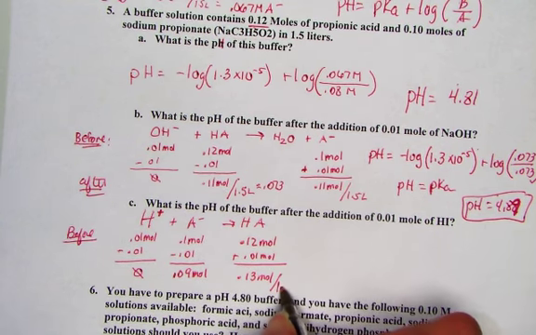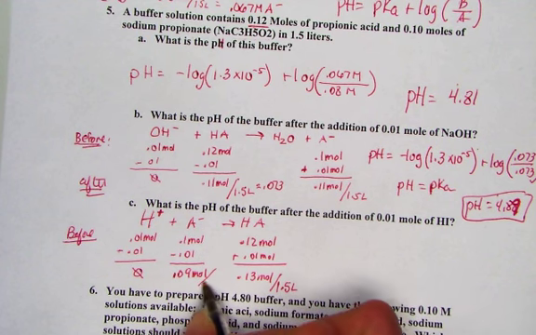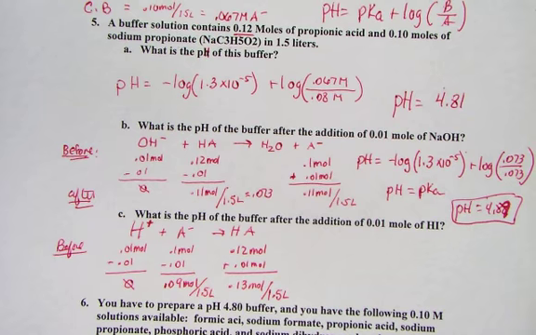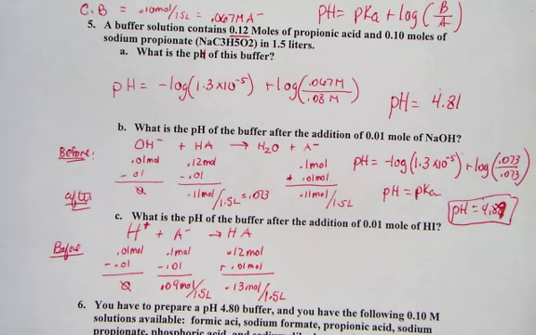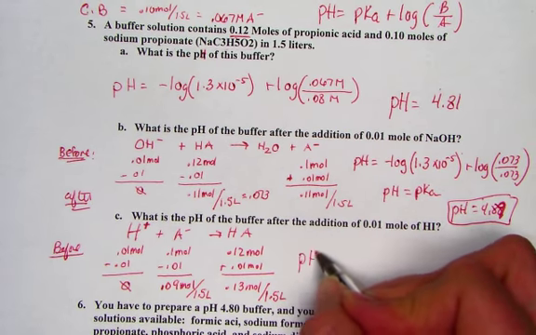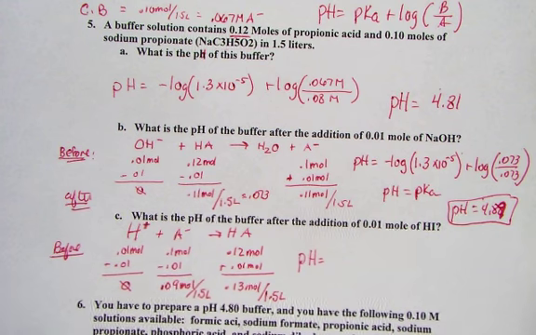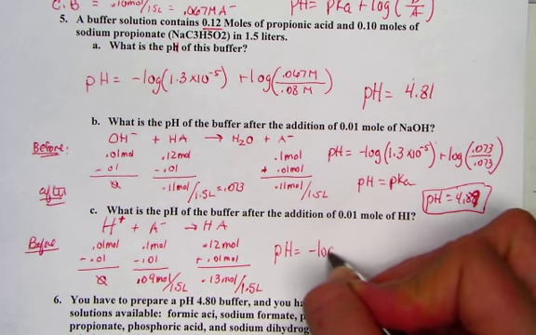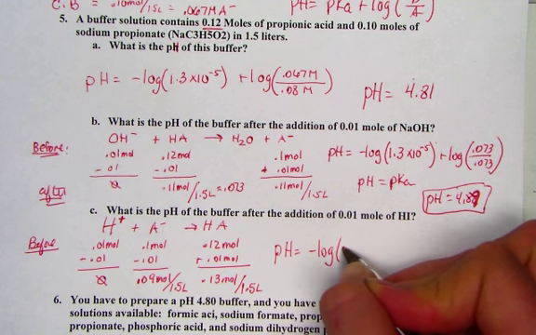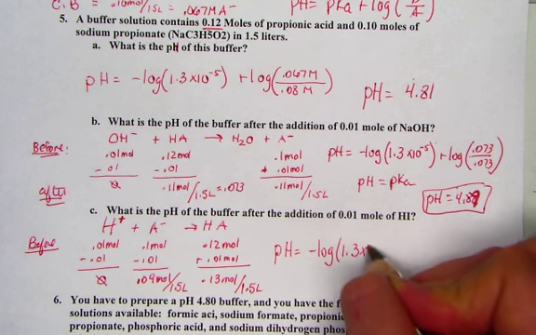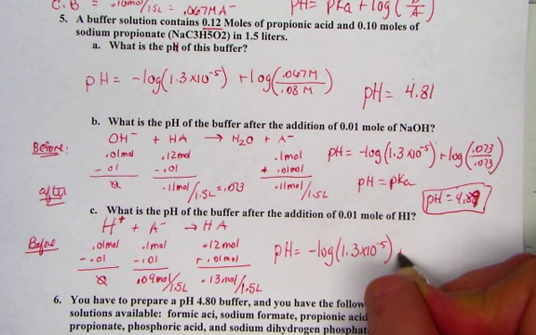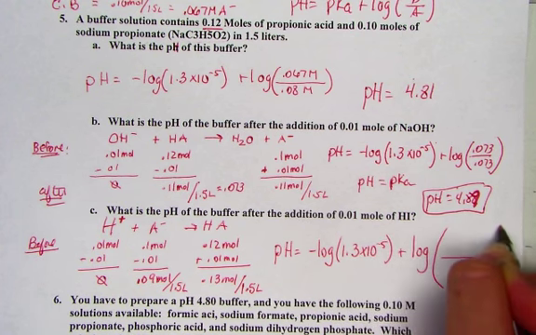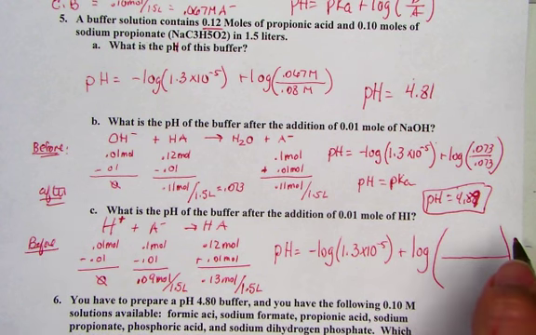Remember that when we use Henderson-Hasselbalch, it has to be molarity units, so remember to divide by that original volume of 1.5 liters. Let's calculate the pH after the addition of a strong acid. pH is found by taking the negative log of the Ka value, 1.3 times 10 to the negative fifth, plus the log of the ratio of base over acid.